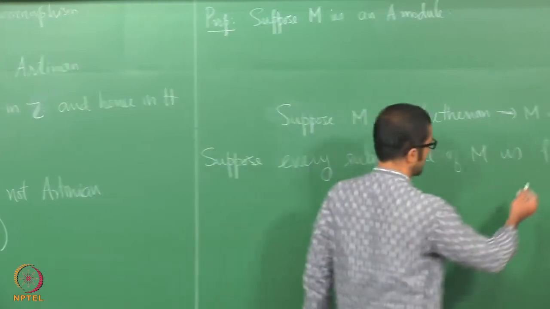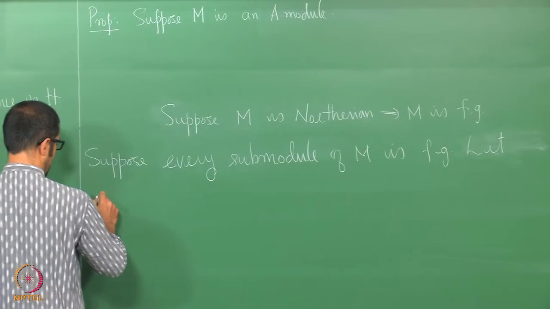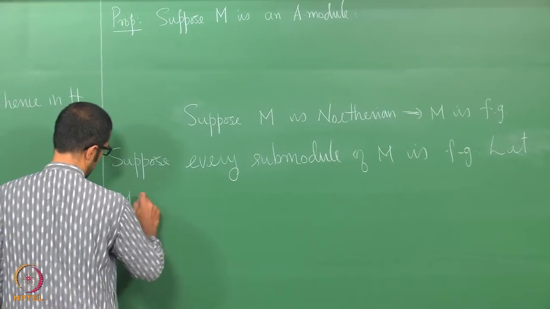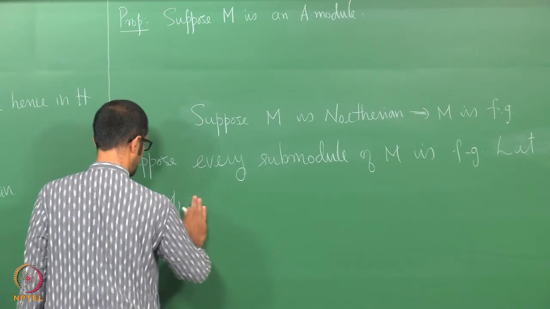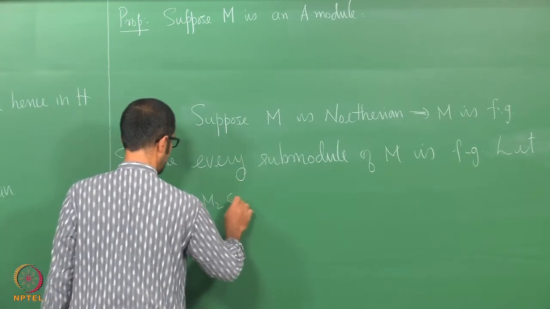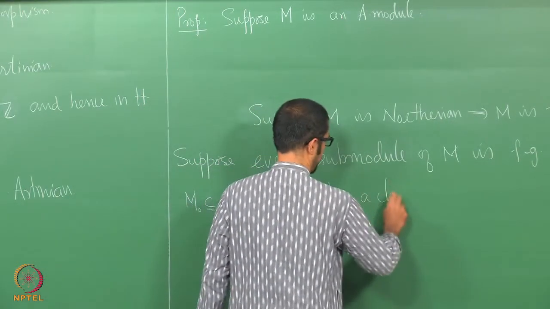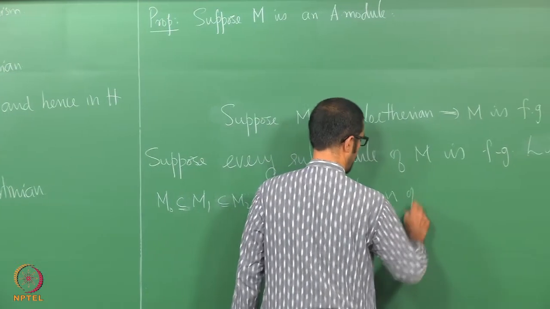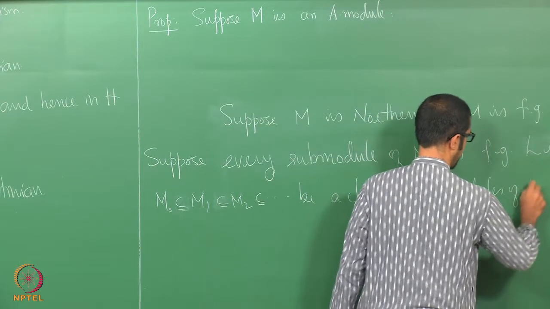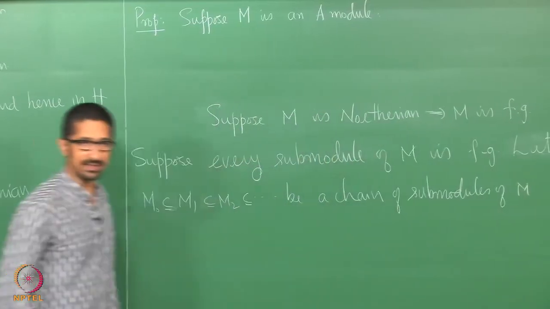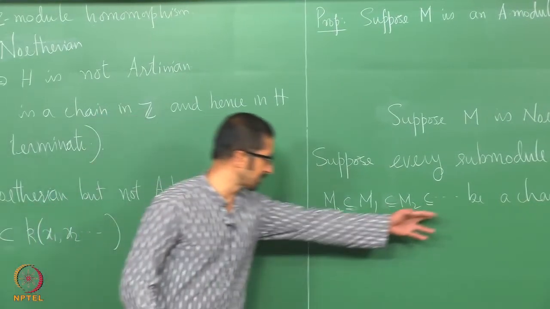So let us start with a chain. Let M0 contained in M1 and so on be a chain of submodules of M. Now, how do I say whether this terminates or not?